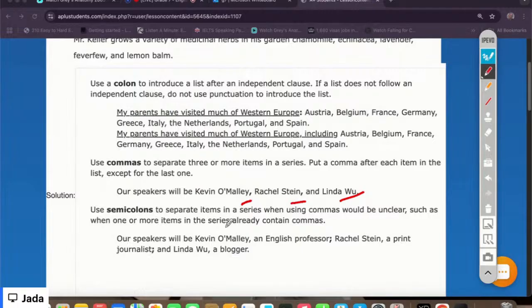Okay, such as when you've already had one item with a comma there. So our speakers will be Kevin O'Malley, an English professor; Rachel Steen, a print journalist; and Linda Wu, a blogger. Okay, so that's how you go about colons, semicolons, and commas.